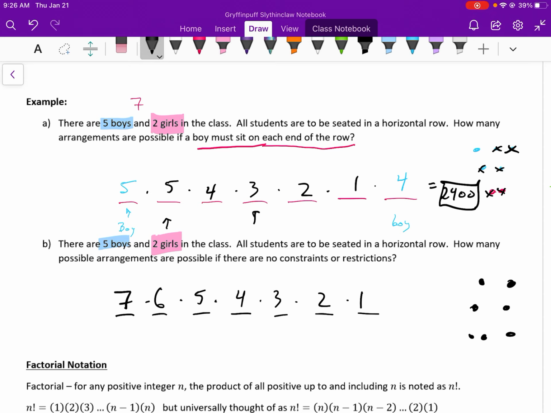So this is really kind of fundamental here in math, and it is called factorial. So this type of arrangement, 7 times 6 times 5 times 4 times 3 times 2 times 1, is called factorial. And if you do that in your calculator, it'll be 5,040.